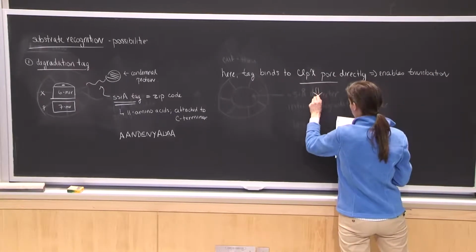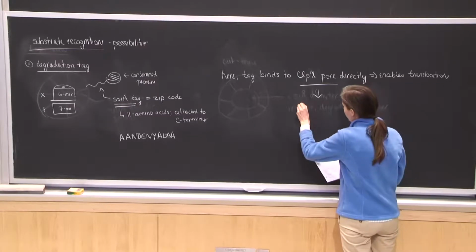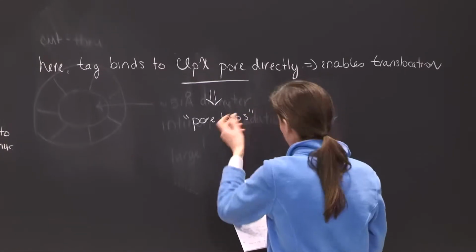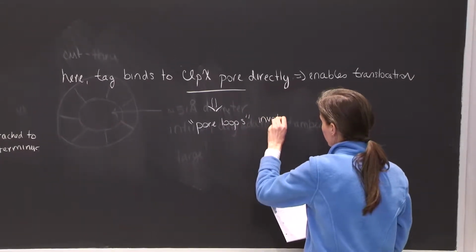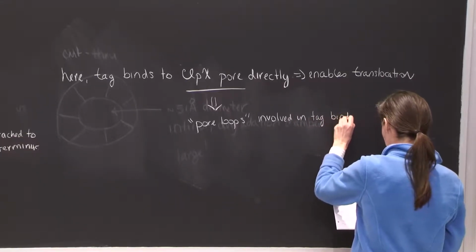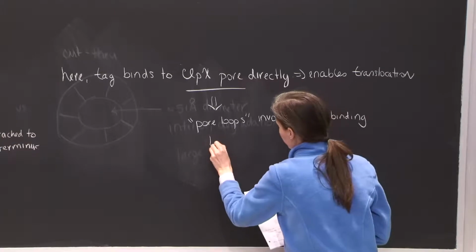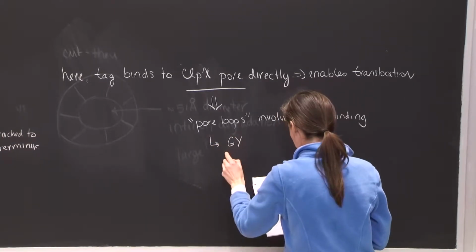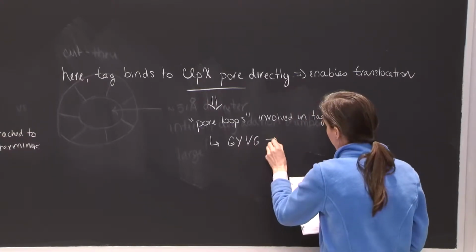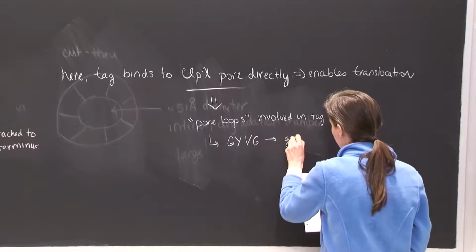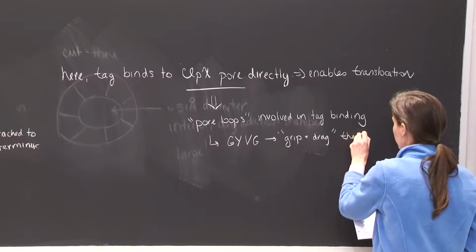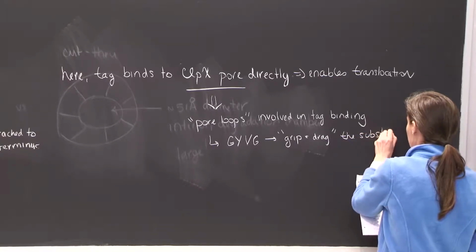Okay, and this pore has what are termed pore loops that are involved in tag binding. And in particular, there's a region GYVG, a 4 amino acid sequence that is thought to grip and drag the substrate.